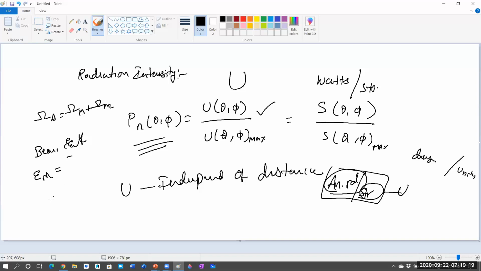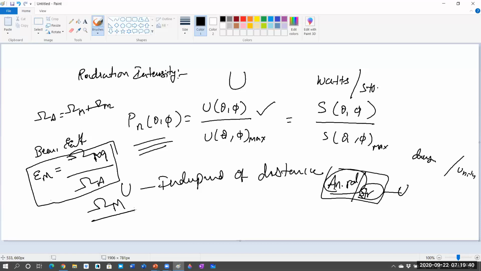So the efficiency of an antenna is the main lobe area by the total beam area, which is the beam efficiency, omega suffix capital M. When the minor lobe area is neglected, this is the formula.